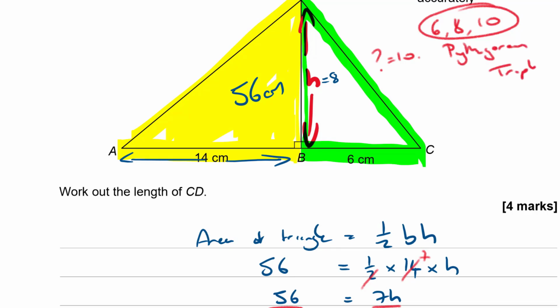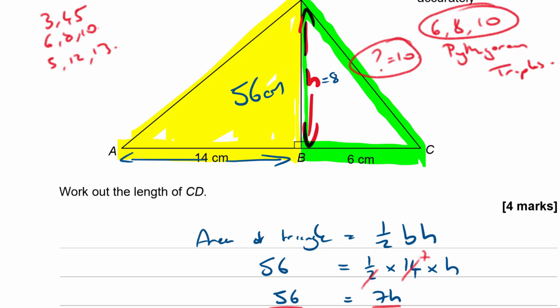Now these are very handy triples to know. So the first one is 3, 4, 5, and then any multiple of that is also a Pythagorean triple. So if you double each of those, you get 6, 8, 10. There's another one, 5, 12, 13. And knowing those means that if you have got a problem that involves Pythagoras Theorem on the non-calculator paper, you can pretty much always work out what these are without even having to think about it.